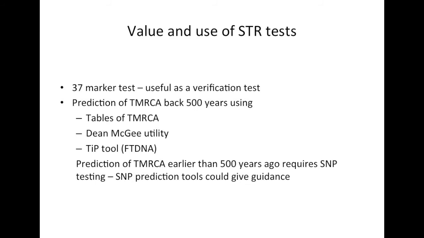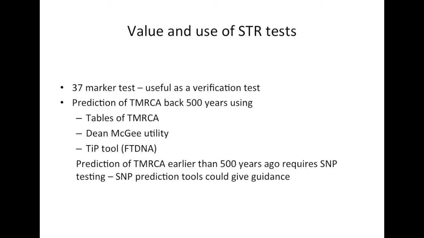Predictions of TMRCA within the last 500 years are probably a lot more reliable than for more distant timescales, since there's less time for the issues of convergence and divergence to have an influence.